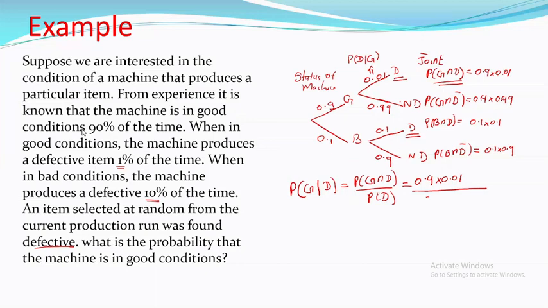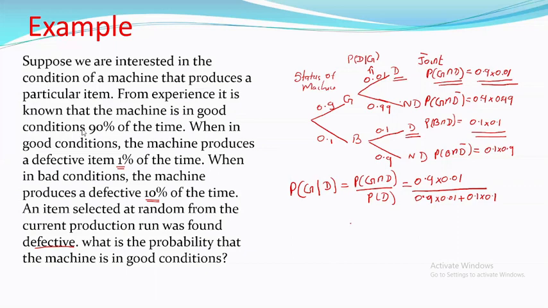So we have to add the two probabilities: 0.9 times 0.01 plus 0.1 times 0.1.